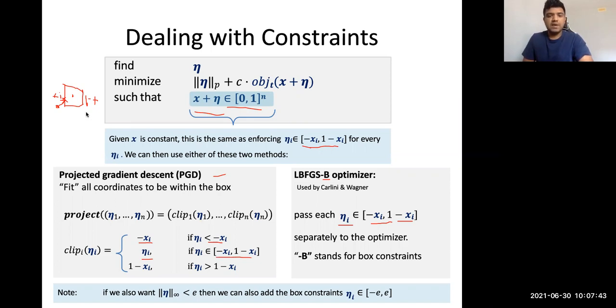And when it's more than 1 minus xi, somewhere here, we again project it to this end of the bound. This process is called projecting, and we clip our eta to the values here, and project it back within the bounds, so we don't get too distorted an adversarial example. And we want to minimize our perturbation.